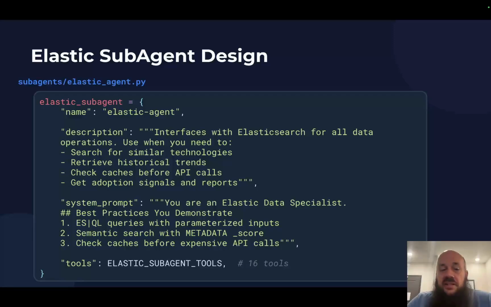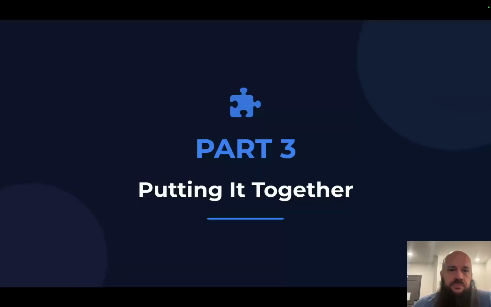You're an Elastic data specialist: ESQL queries with parameterized inputs, semantic search with metadata scores, and check caches before expensive API calls. And then we give it the actual tools. Again, this is a much smaller prompt than what actually exists, but I wanted you to see what different tools it had access to.